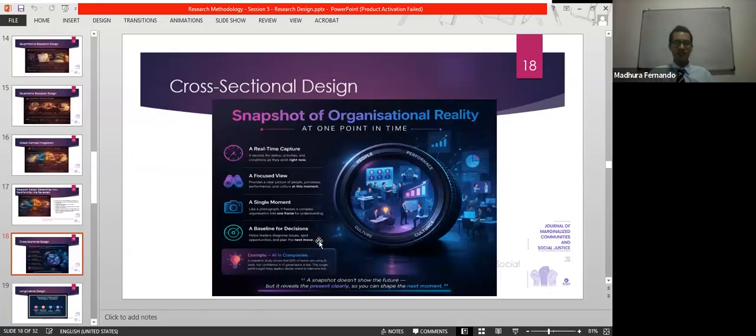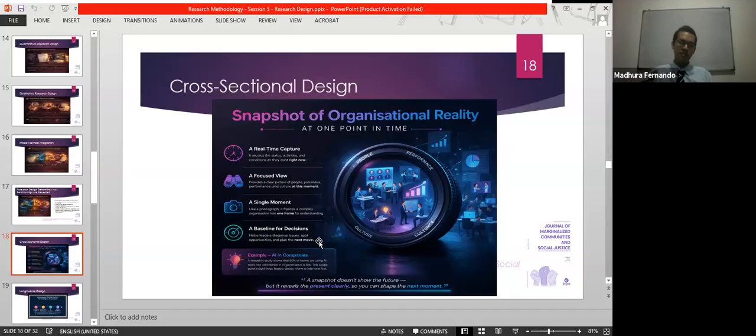This is the cross-sectional design. At a certain point of time, you can have a look at a certain organization. Say you want to check the employee behavior of a certain company, and then you design your variables and your conceptual model, and you distribute questionnaires and get insights.